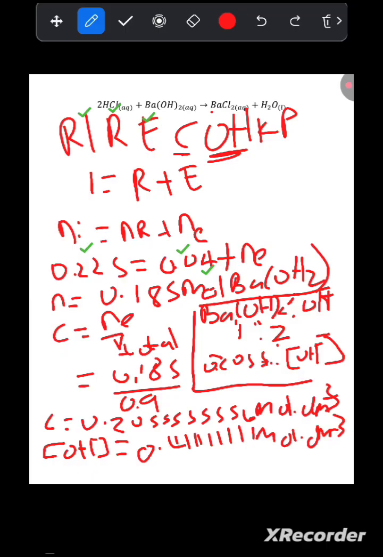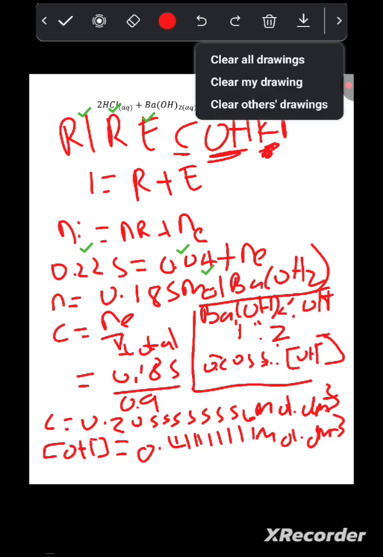Now I have to use the Kw formula. In the next slide, we will do that. So we said we are using Kb, and now we want to use Kw.